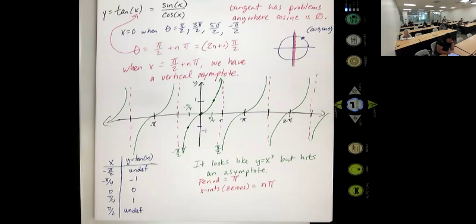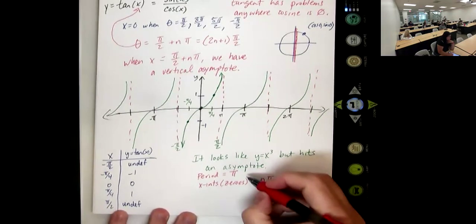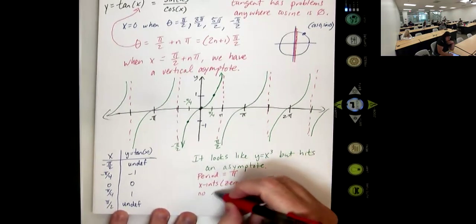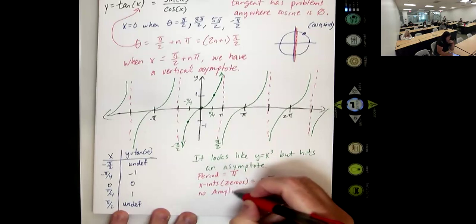Since there's no maximum or minimum value, because near the asymptotes it shoots to positive infinity or negative infinity, there's no amplitude, because there's no maximum and minimum.